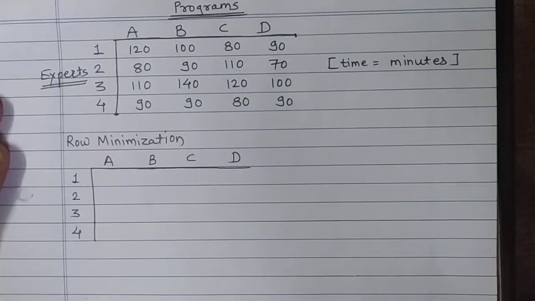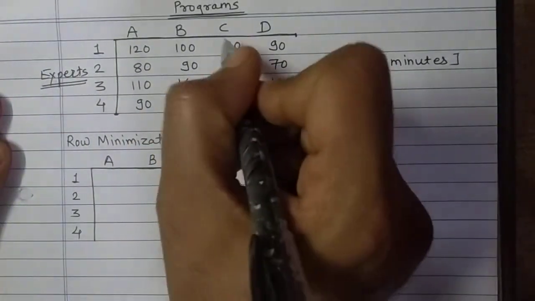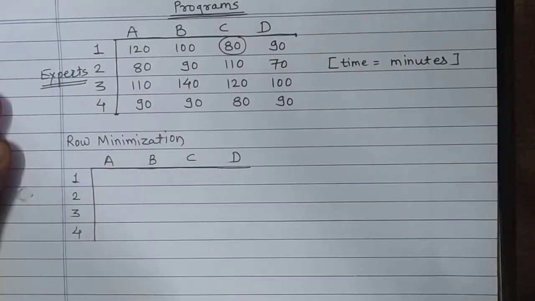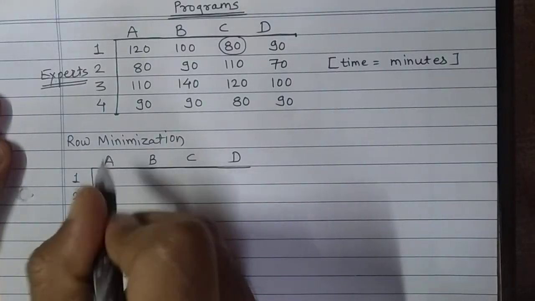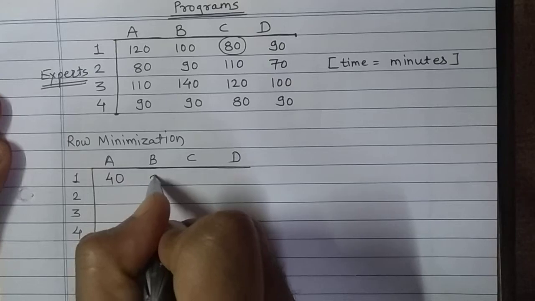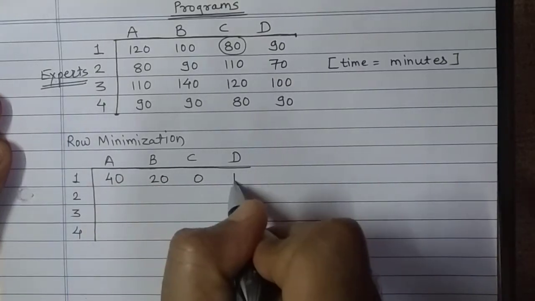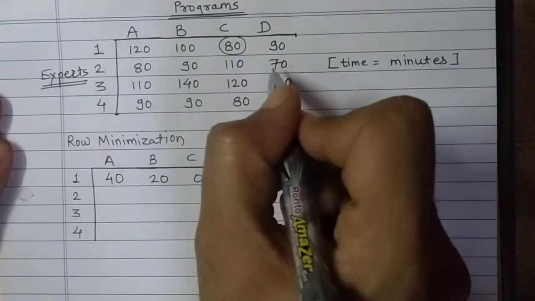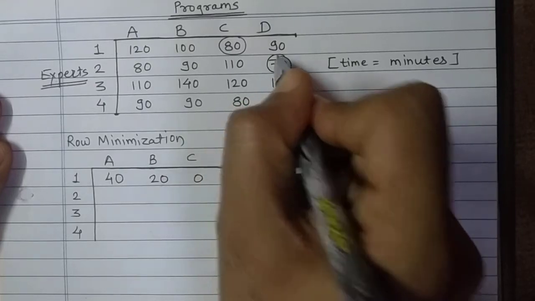Let's do it with me. Consider the first row. The minimum value is 80. So subtract 80 from each and every element. So 120 minus 80 is 40, then 20, 0 and 10. In the next row, the least element is 70.